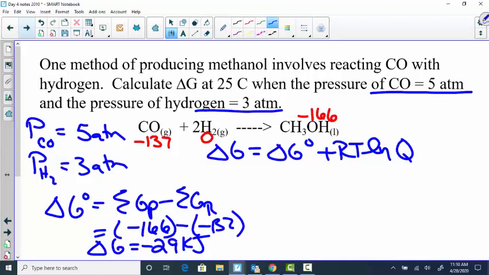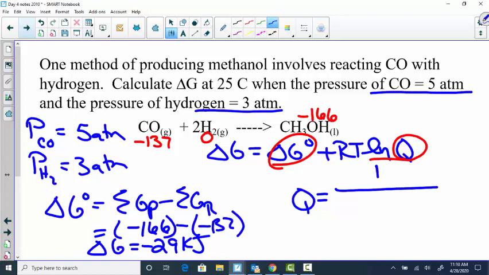Now, of our equation, we have this term. Now we need the Q. And the reaction quotient is like the equilibrium constant expression, but remember, we would have to write it as 1 over the pressure of CO times the pressure of H2 squared.